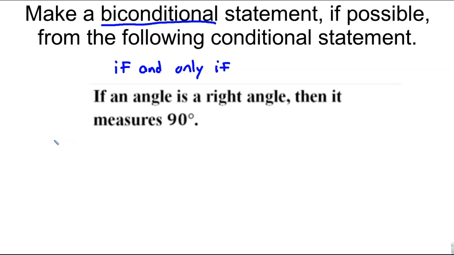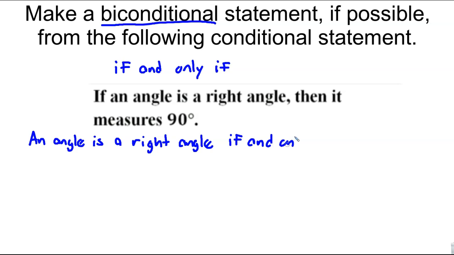We'll say an angle is a right angle. So instead of the if, we'll just say an angle is a right angle. And then instead of the then, we'll say if and only if it measures 90 degrees.